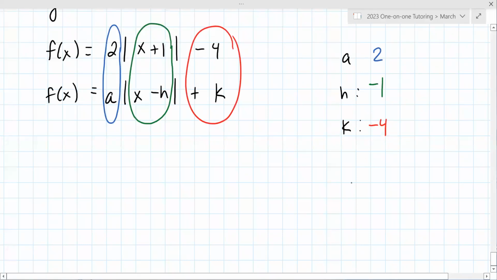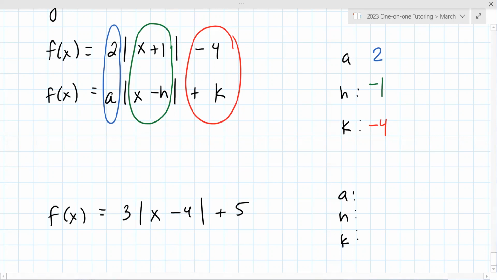We'll come back to this one, but just like the a, b, c, you have to be able to identify what the values are. Let's try another one. Let's say I give you f of x equals 3 absolute value x minus 4 plus 5. A, h, and k. 3, 4, 5.